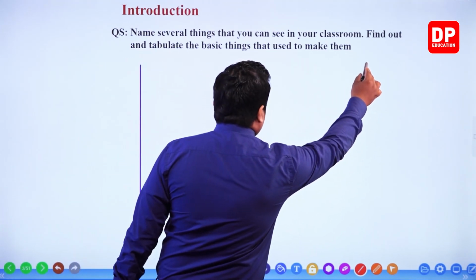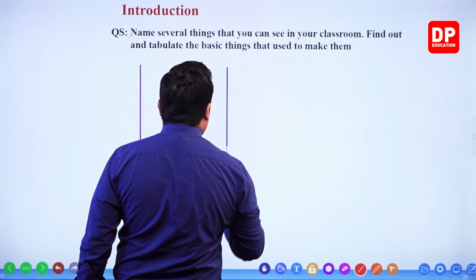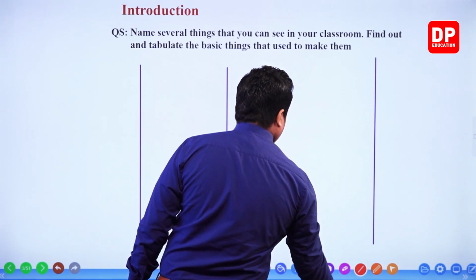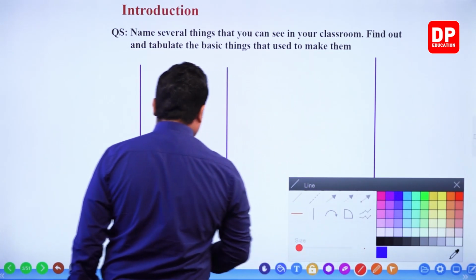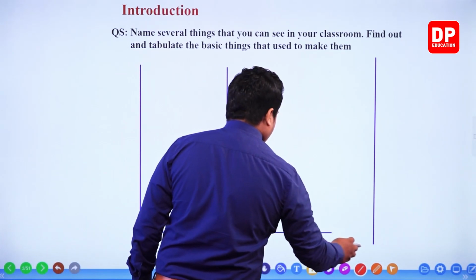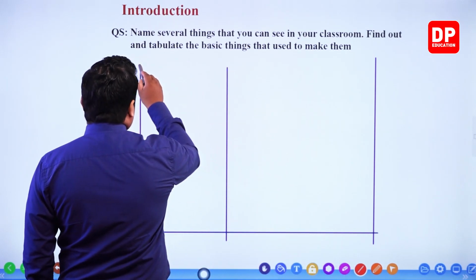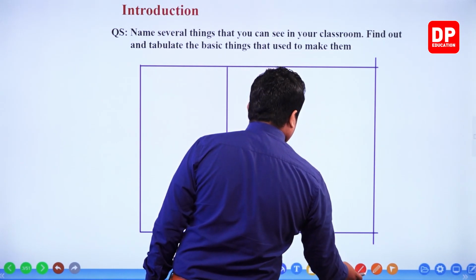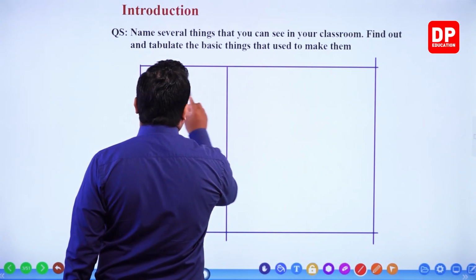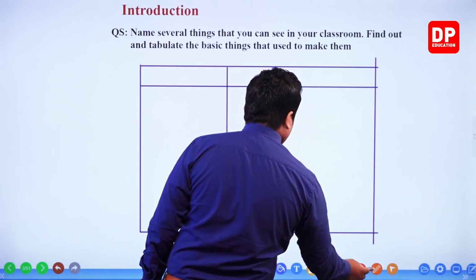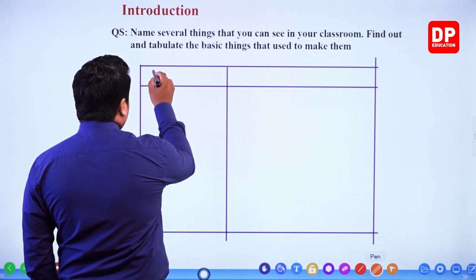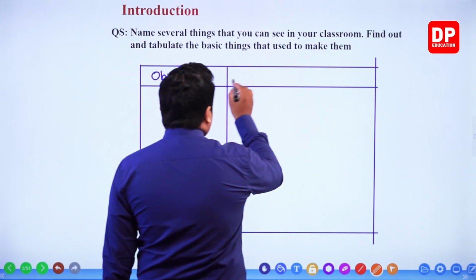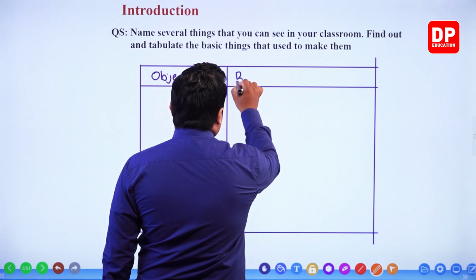We'll take a table like this. And my dear children, within this table we will include the object here and basic things.